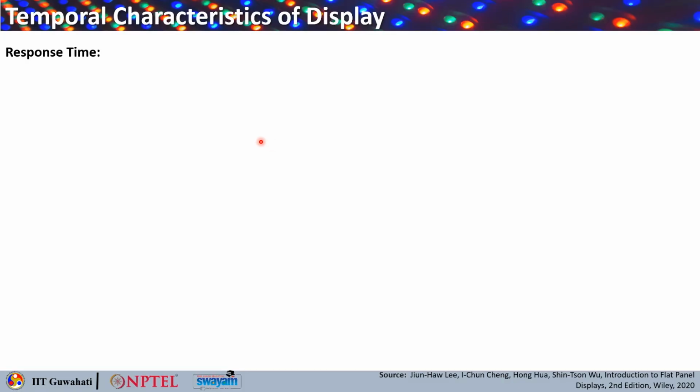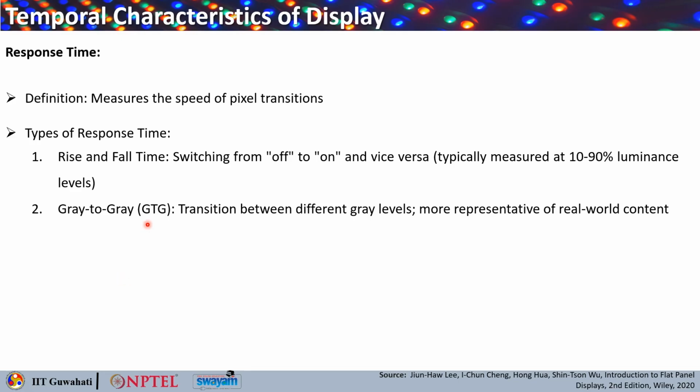Now we come to the temporal characteristics of display. The first thing that should come to your mind is the response time. This tells you the speed of pixel transition. So what are the types of response time? The first is rise and fall time.